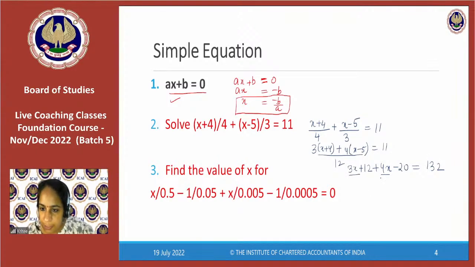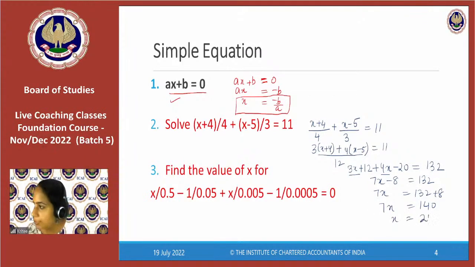Again, 3x plus 4x is 7x. This is minus 8 here, equals 132. 7x is equal to 132 plus 8, that is 140. So the value of x is 20, which is given by so many of you. Atharv was the first one to give me this answer.